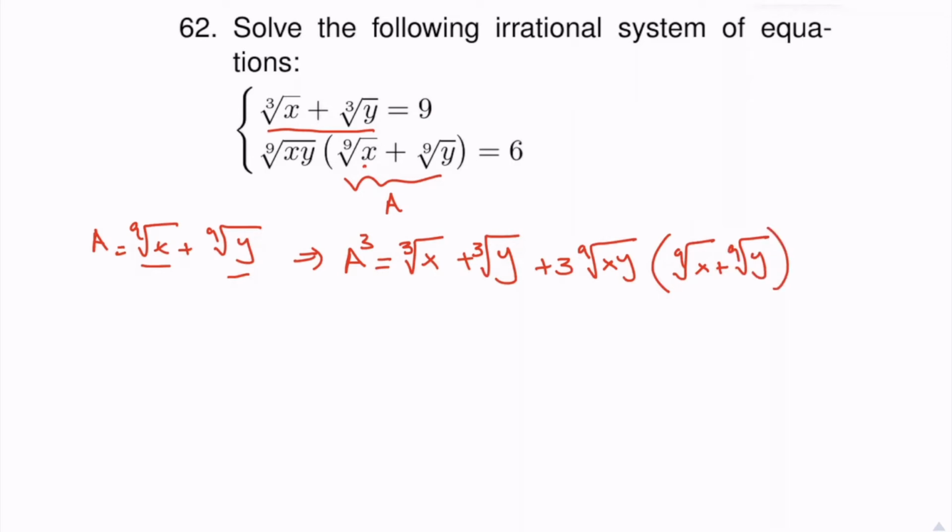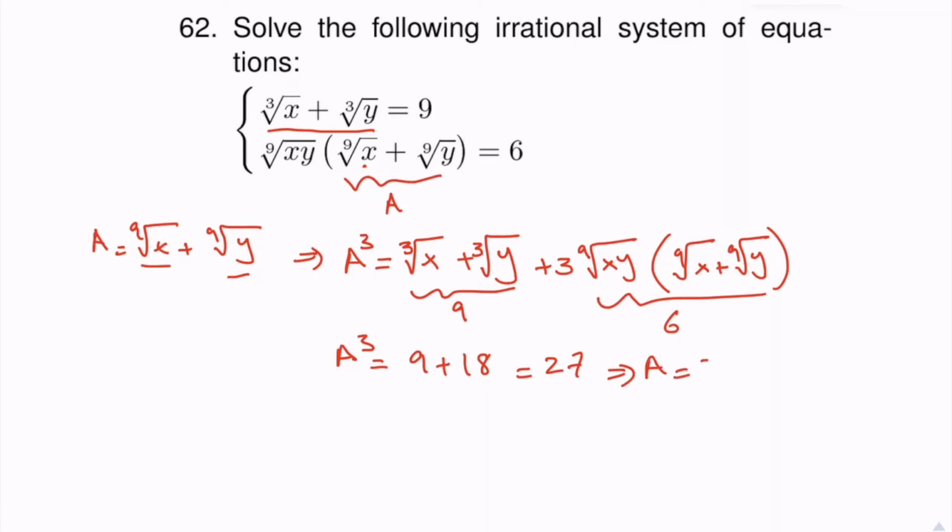Now, from the first equation, we know that this is 9, and from the second equation, we know that this is 6. So a cubed will be 9 plus 3 times 6, which is 18, which is 27. Therefore, a will be 3.